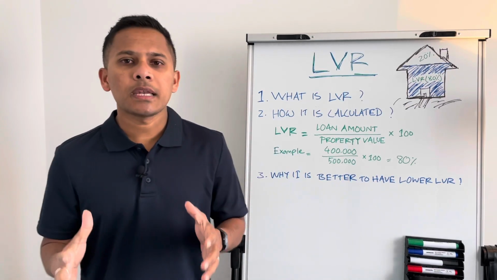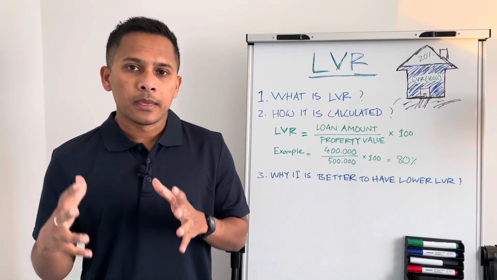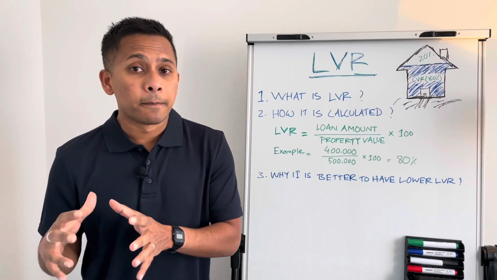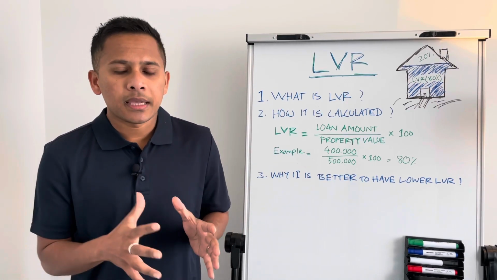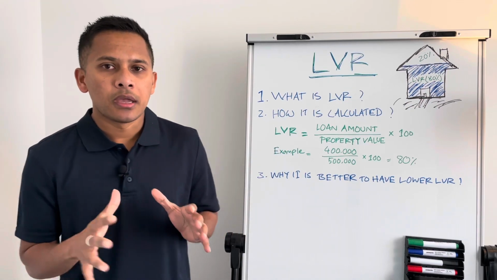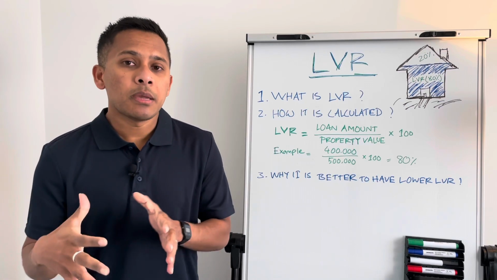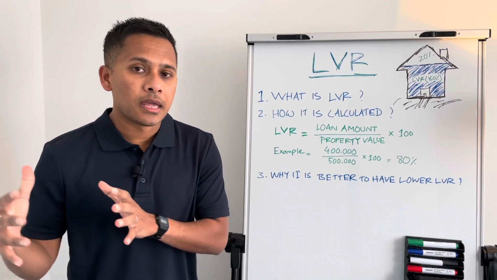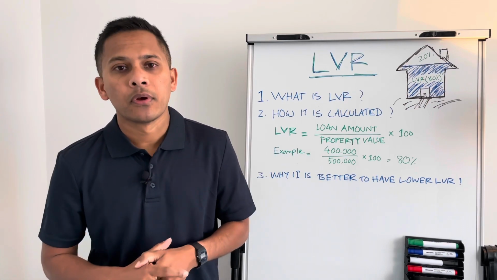The second benefit of having a lower LVR is you might be able to access a better interest rate from the bank, because a bank has a threshold. If you have an LVR between 60 and 80%, you may be able to get a better rate than someone with an LVR at 80% or above.